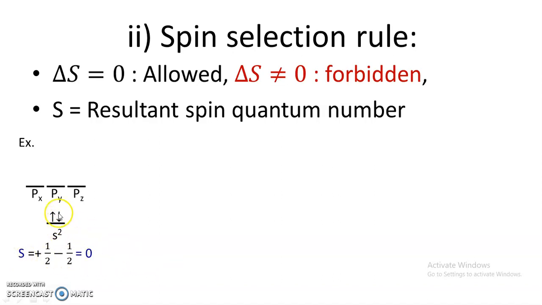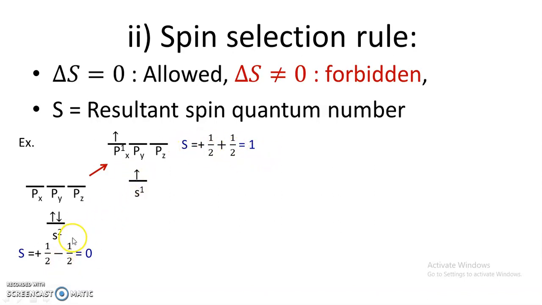Now suppose one of the electrons is excited to p, then the resulting configuration will be s1 p1. For this s1 p1 configuration, the resultant spin quantum number is plus half plus half, that is equal to 1, because for this electron the spin quantum number is plus half, and for this one it is also plus half, since both electrons are spinning in a clockwise direction. So now S is equal to 1.